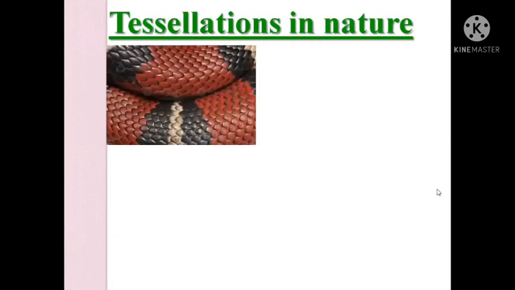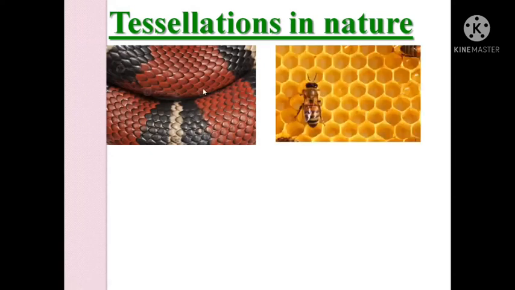Let us see tessellation in nature. Have you ever noticed it? See the skin of the snake, how beautifully it is arranged, like shells. So this also comes under tessellation. The honey bee hive also comes under tessellation. See how beautifully the honeybee has built a hive.